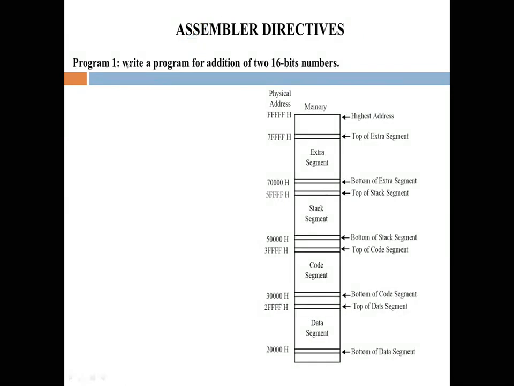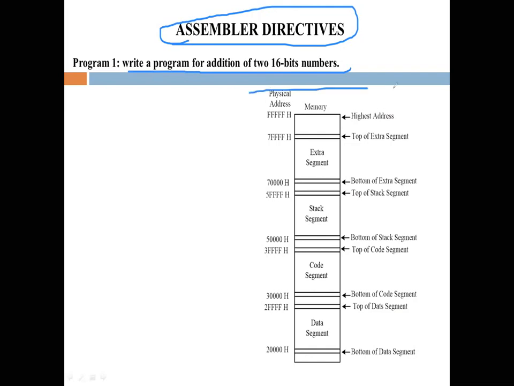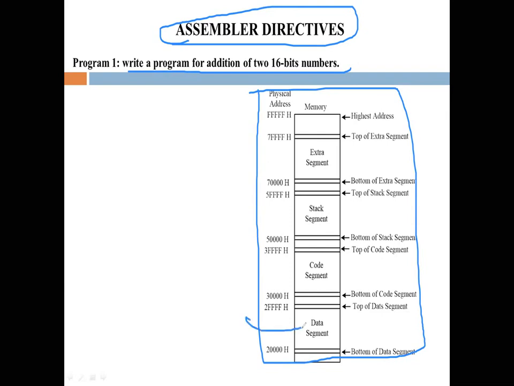Now we will understand the assembler directive by an example: to write a program for addition of two 16-bit numbers. Here the memory segmentation of 8086 is shown in this figure. The data segment is used to store the data, and the code segment is used to store the code part of the program.